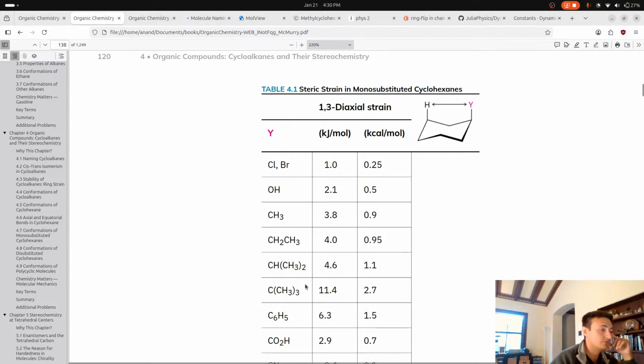Sec-butyl. No. Tert-butyl. Wait, do they call it tert-butyl? I think it's tert-butyl. I need to go back to that section because that thing about tert and whatever makes no sense to me. Oh, I did this earlier. Okay.